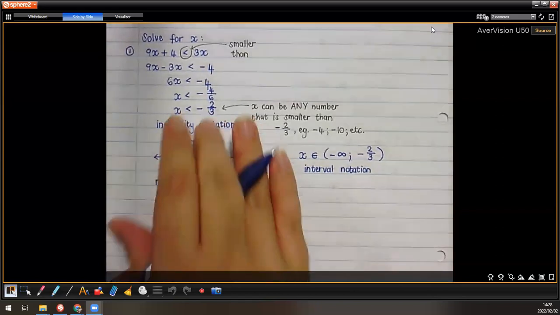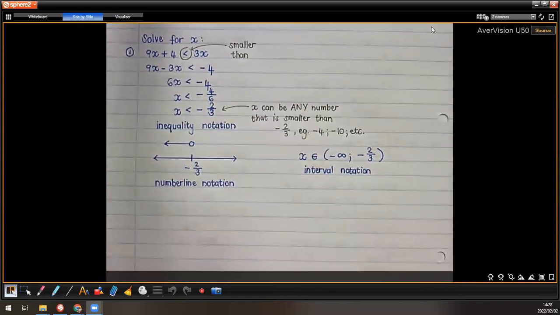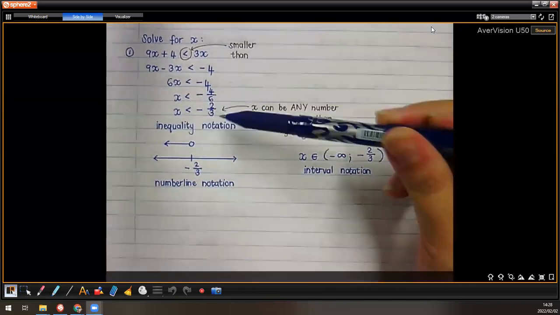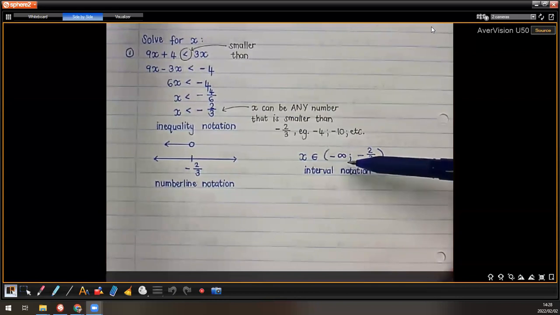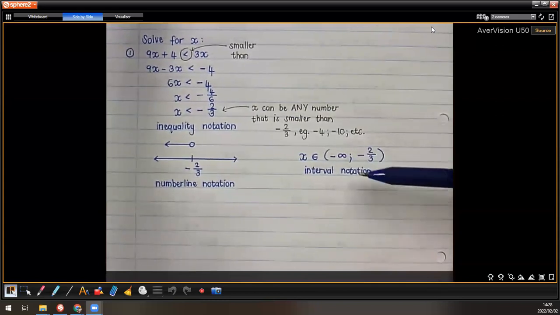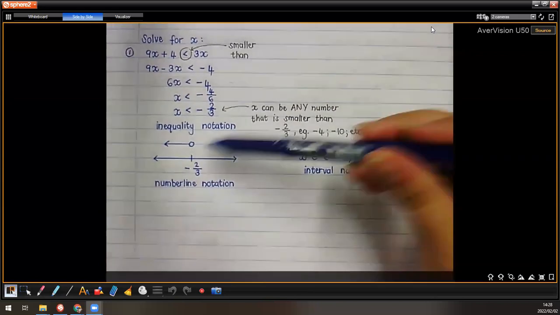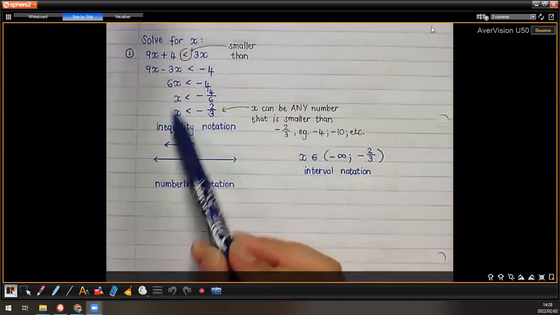Okay, so those are the three notations that you spent time on last year. But like I said, it's actually fine if you just leave your answer like this. Some people prefer writing answers like this. Maybe when we get to other work, when we're doing functions and graphs and stuff, some people prefer working with the brackets. But it's fine if we just leave it like that.